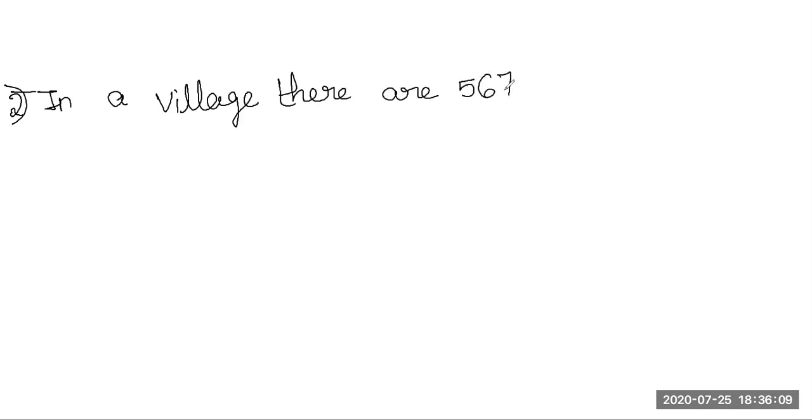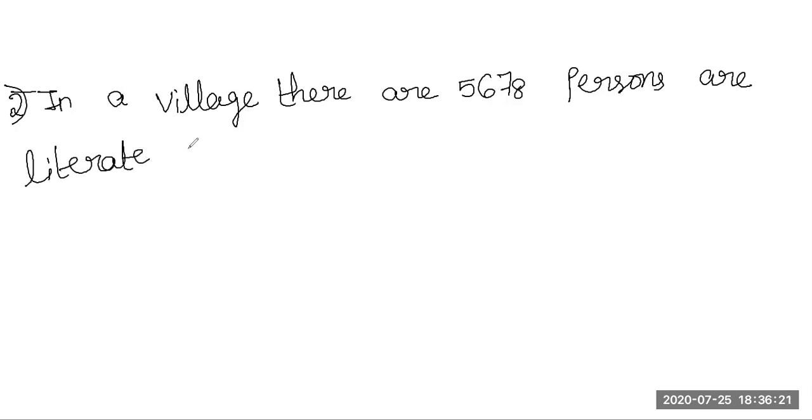In a village, 5,678 persons are literate. Literate is nothing but the persons who know education, who have an education.